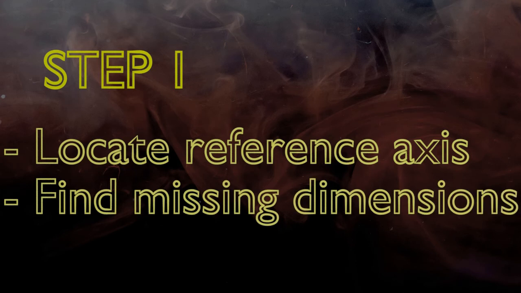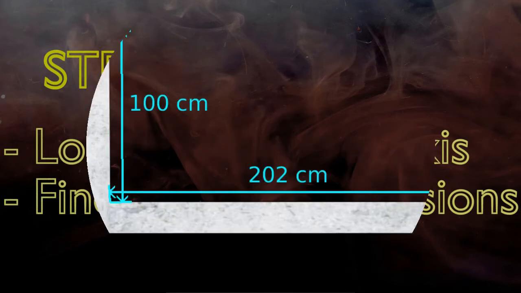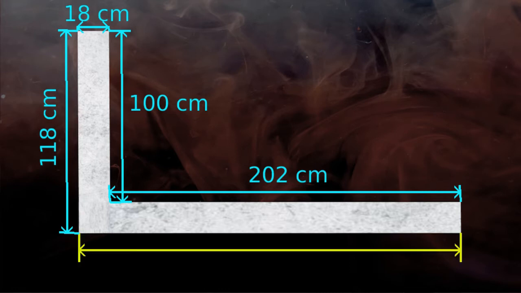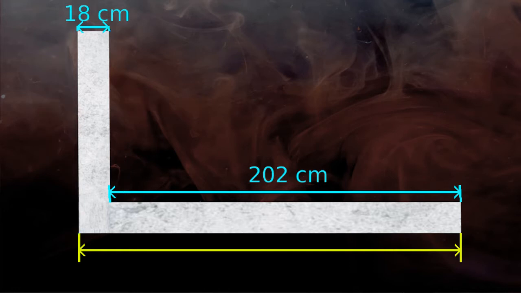Now the very first step is to find out all missing dimensions and locate the reference axis. Check for any missing data of width or height. The first missing dimension is the total width of the slab. We can find it by adding all horizontal dimensions, that is width of balcony 202 cm plus width of guard wall 18 cm, which equals 220 cm.